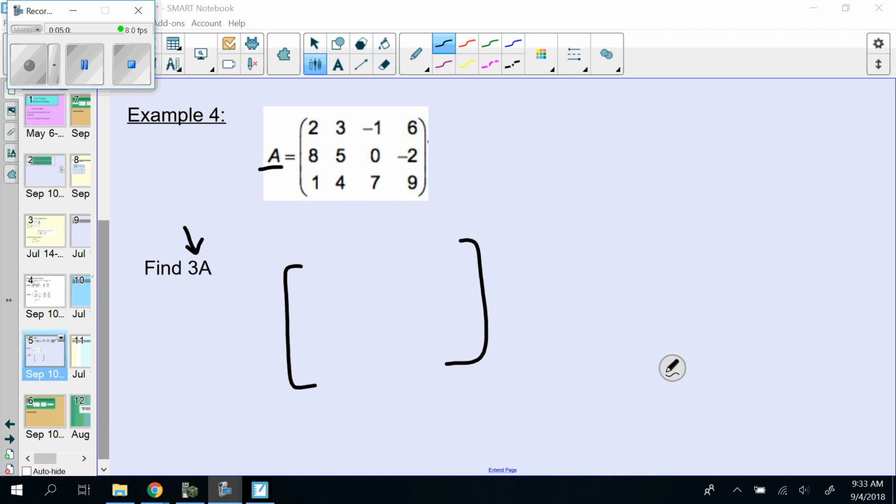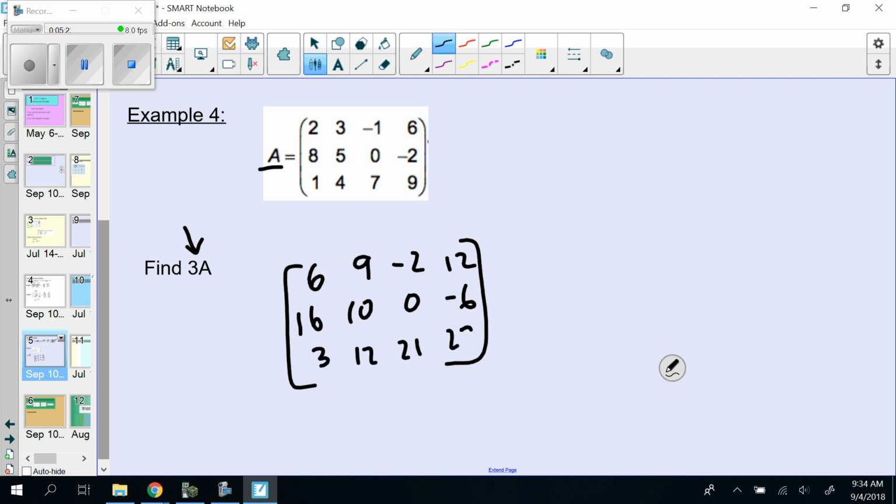So multiplying that, that's 6, 9, -2, 12, 16, 10. Now careful here, anything times 0 is still 0, so even when multiplying by 3 it remains 0. Then -6, 3, 12, 21, and 27. So scalar multiplication of a matrix is not very difficult either.